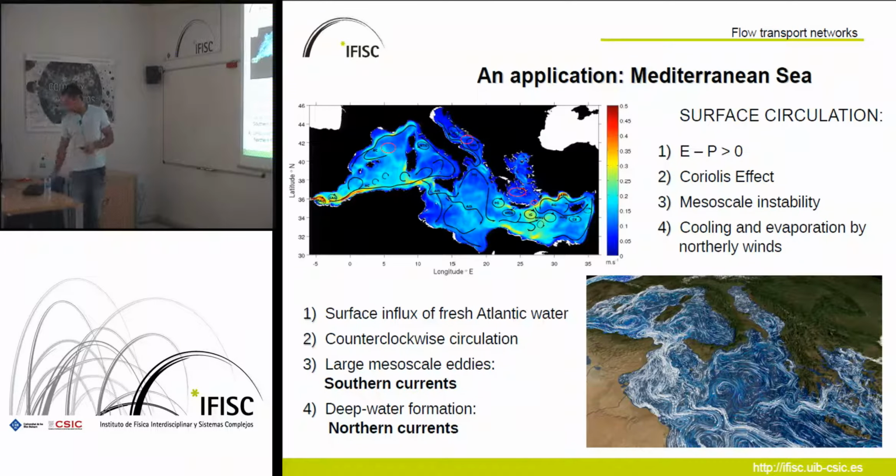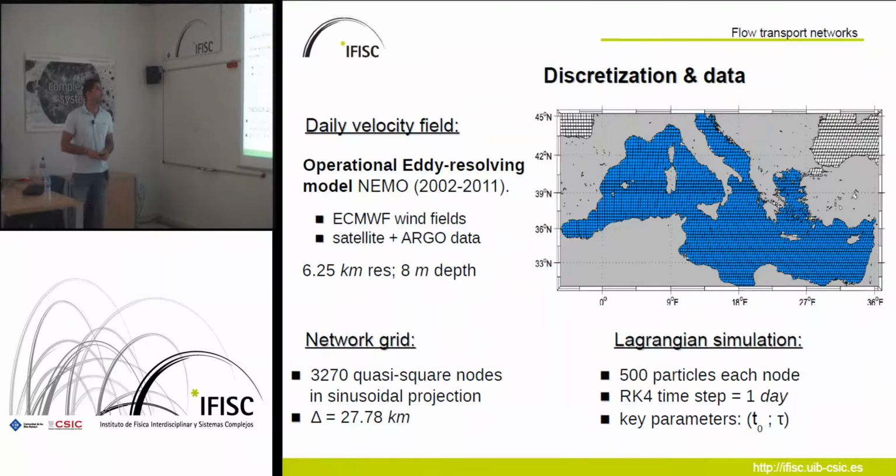So, well, now let's see our approach to the Mediterranean. We used data from a model, the NEMO model, that is a quite realistic model. It's a high-resolution ocean model with reanalysis, with observations from satellites and floaters.